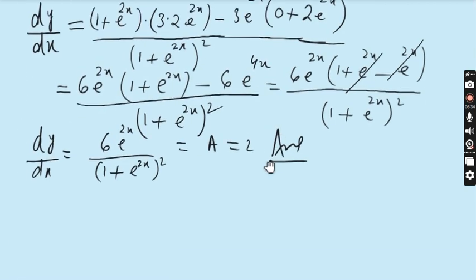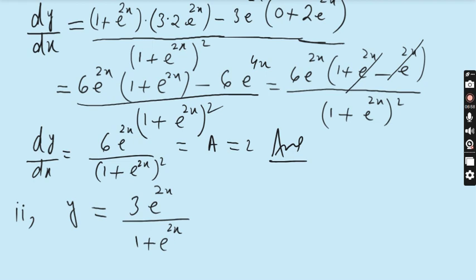Very easy. First, write the given equation of the curve again. y is equals to 3e^2x upon 1 plus e^2x.